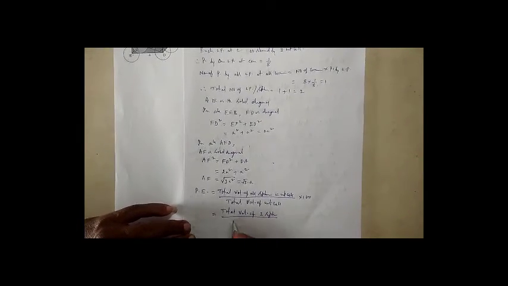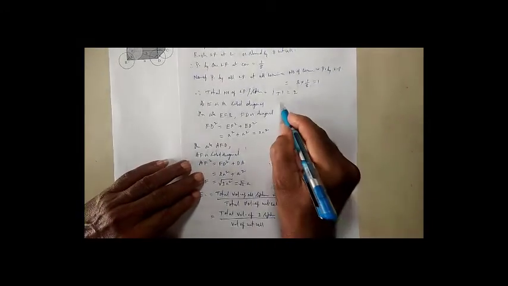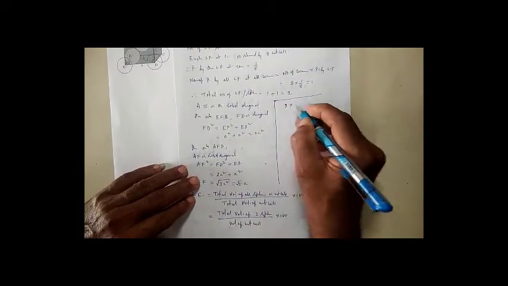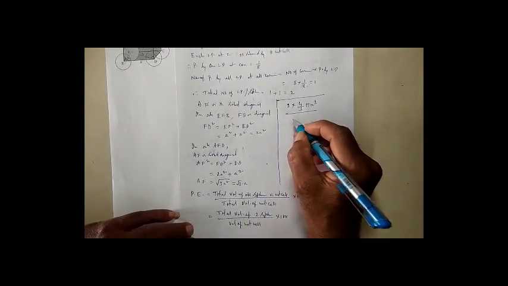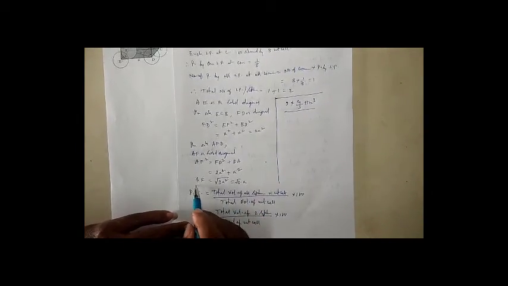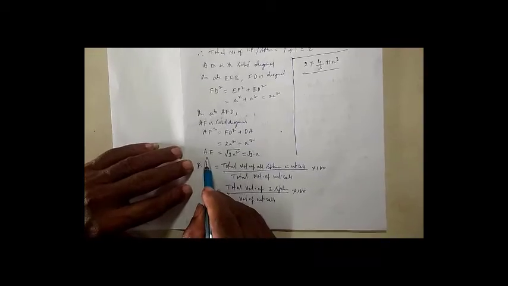So total volume of 2 spheres by volume of unit cell into 100. This is 2 into, what is the volume of the sphere? 4 by 3 pi r cube, by volume of the unit cell, it is a cube. a means edge length. Here AF equal to root 3a.